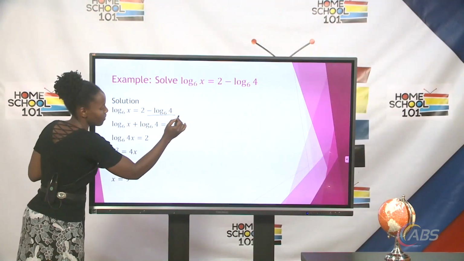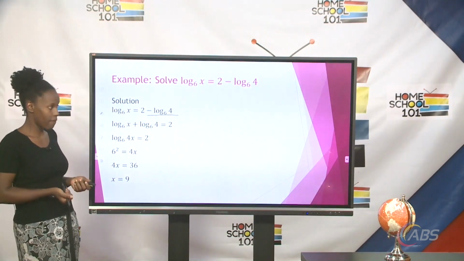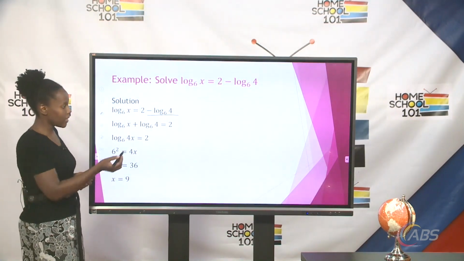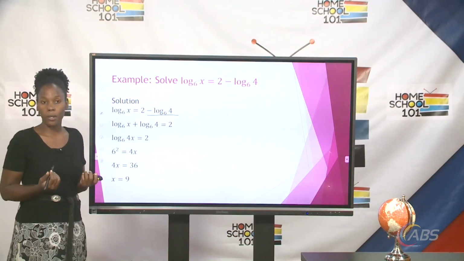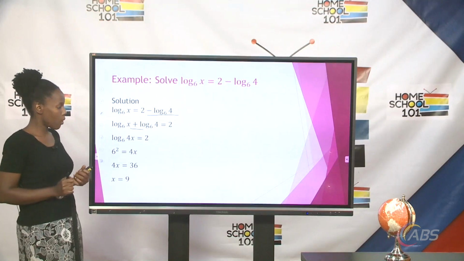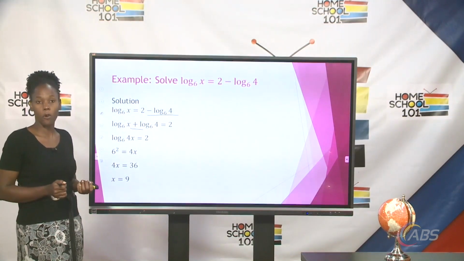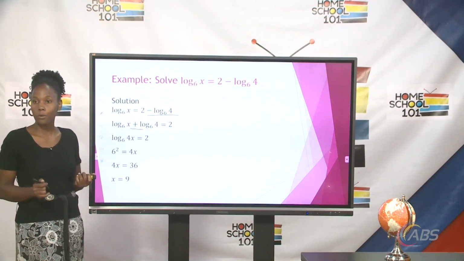This negative log of 4 to the base 6, I need to take it to the left-hand side. Note the sign: this is negative, and once it goes across the equal sign, it becomes positive. So this is now the logarithm of x to the base 6 plus the logarithm of 4 to the base 6 is equal to 2.